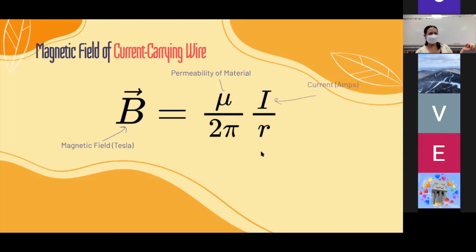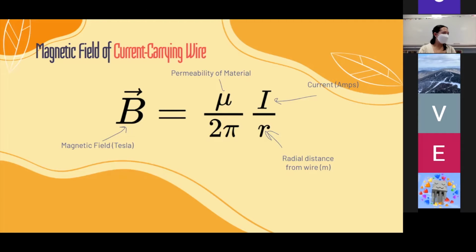Current is going to be measured in amperes, radial distance measured in meters. But since you're only going to have to do proportions and graphs with this relationship, what we can do is ignore the permeability and 2 pi when we deal with any sort of proportions questions.